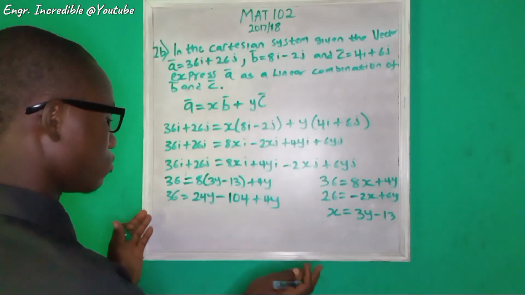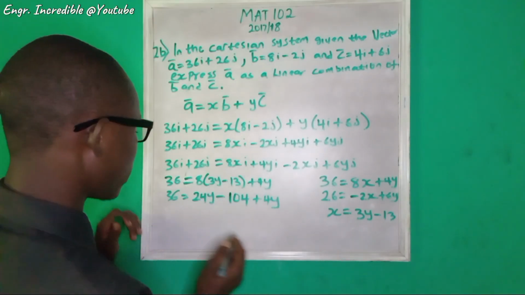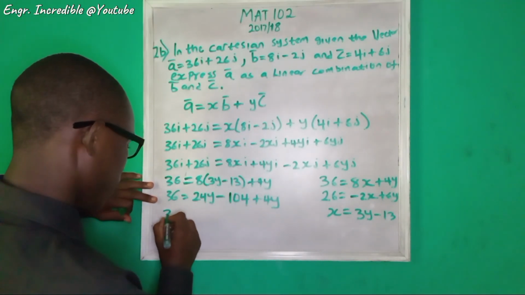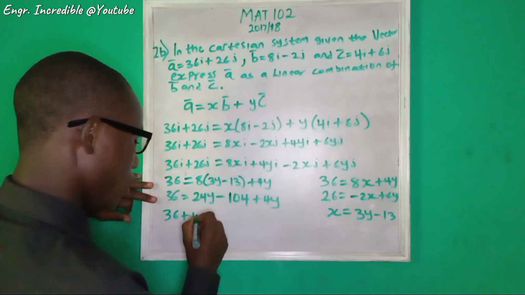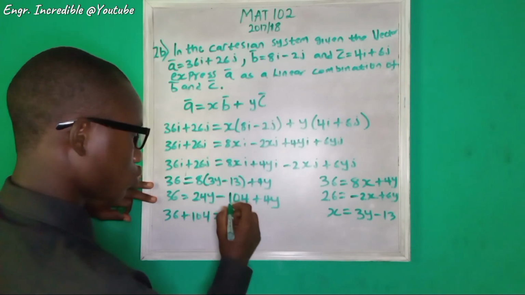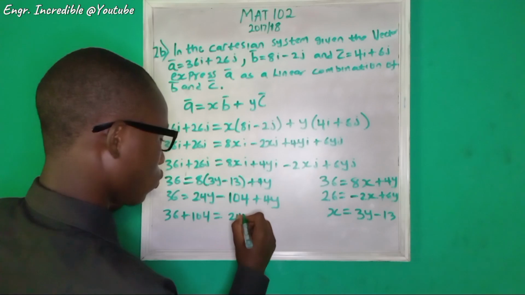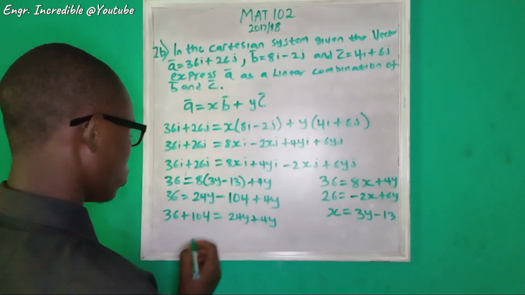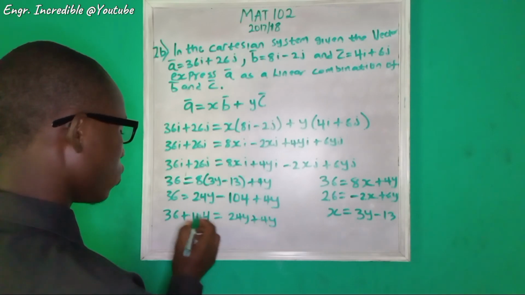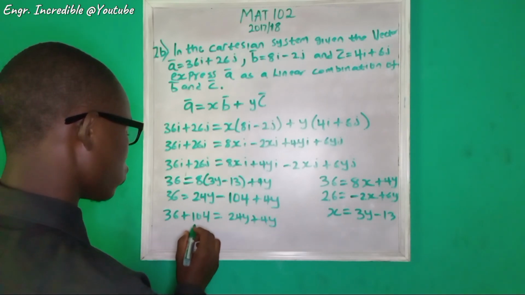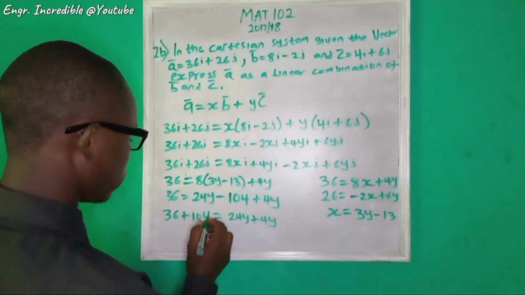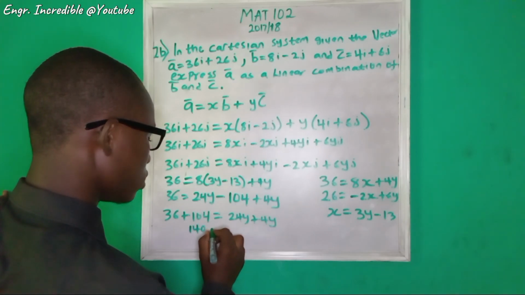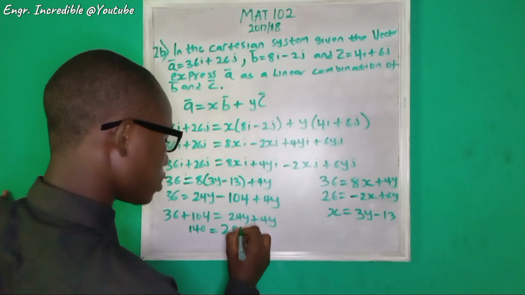We collect like terms. We have 36, we have 104. When we bring 104 to this side, we have 36 plus 104 equals 24y plus 4y. So now 104 plus 36 equals 140. 140 equals 28y.